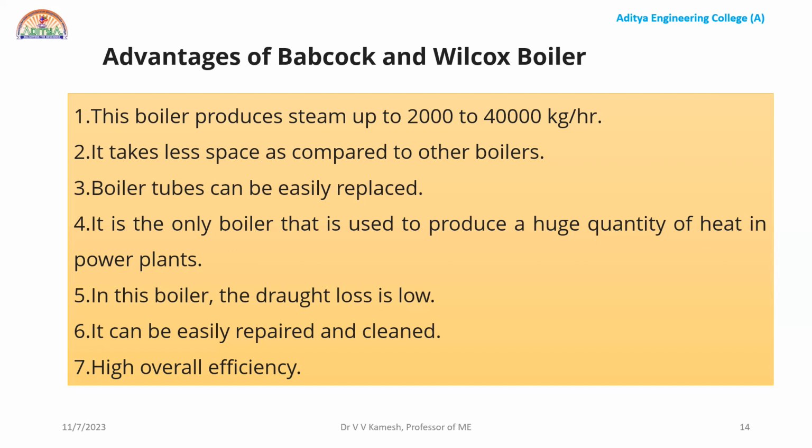And boiler tubes can be easily replaced. It is the only boiler that is used to produce a huge quantity of heat in power plants. And in this boiler, the draught loss is very less, it can be easily repaired and cleaned, and we have high overall efficiency.